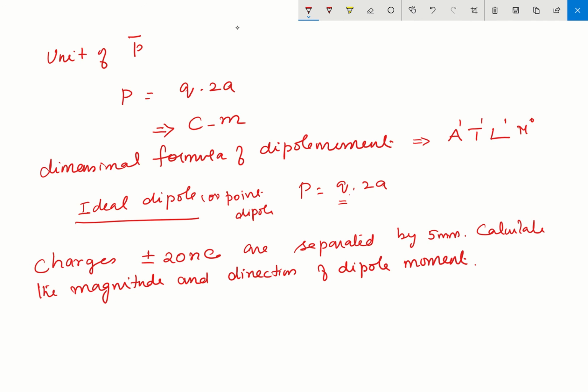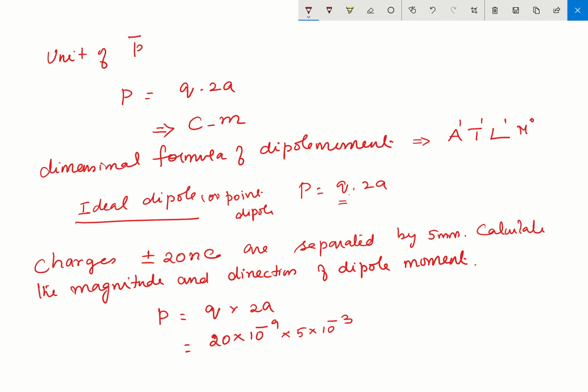What is the magnitude here? P is equal to Q into 2A. Q is 20 nanocoulomb, 20 into 10 power minus 9. And 2A is the distance of separation between the two charges, which is 5 millimeter, so 5 into 10 power minus 3.